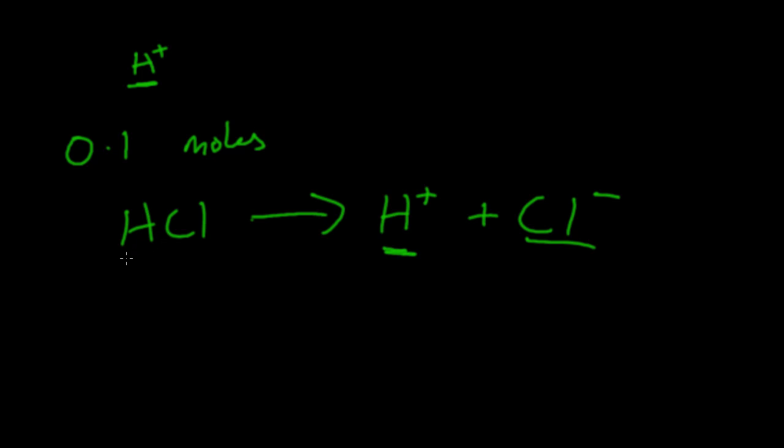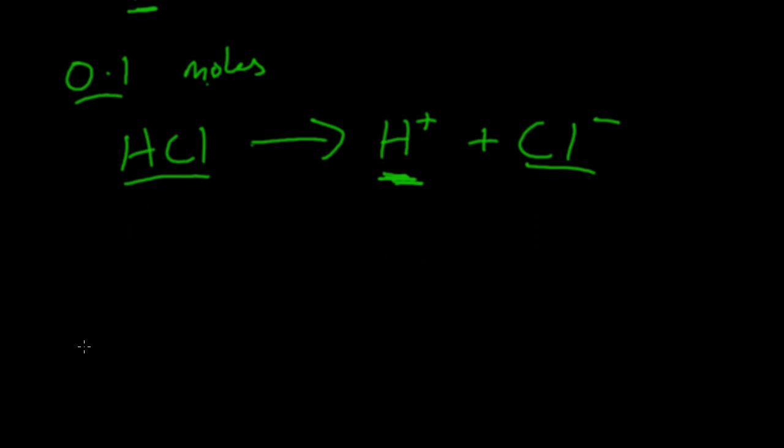Because we know that every single mole of HCl is ionizing, for these 0.1 moles of HCl, we get 0.1 moles of H plus. We can calculate a new pH based on that. Let's say that we added it to just 1 liter of water. We need to know the amount of water that we added this to.